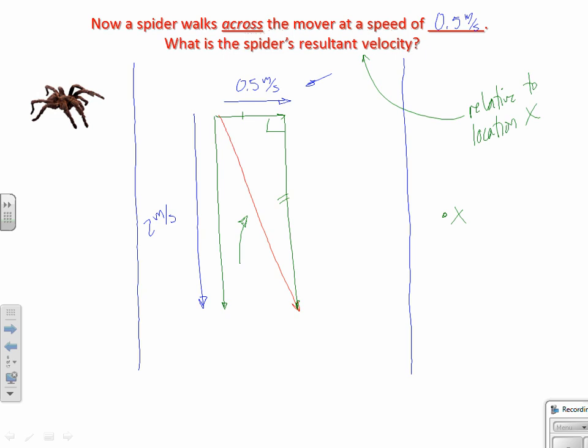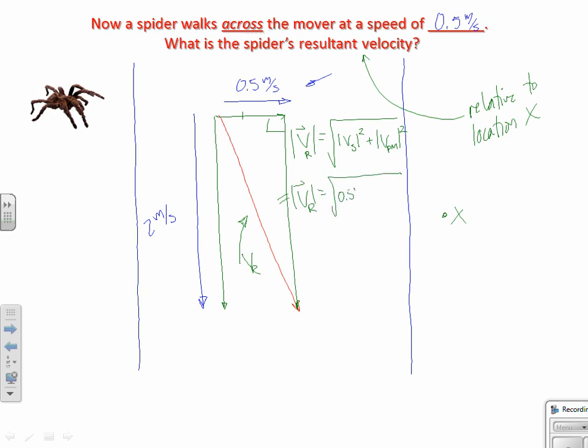I'm going to call that V_R, resultant velocity. And I could say that the magnitude of vector V_R is the square root of the magnitude of the spider's velocity squared plus the magnitude of the people mover's velocity squared. Pythagorean theorem, yes? Or I'm going to drop that magnitude notation.